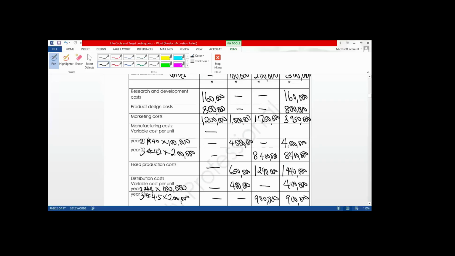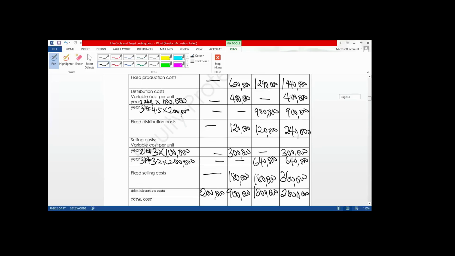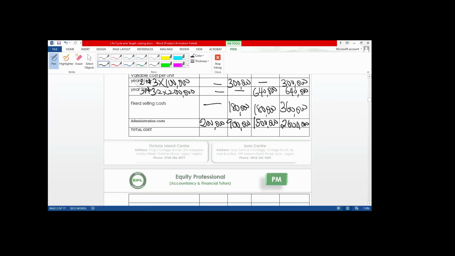The grand total is 24,690,000. Year 1 is 2,360,000.